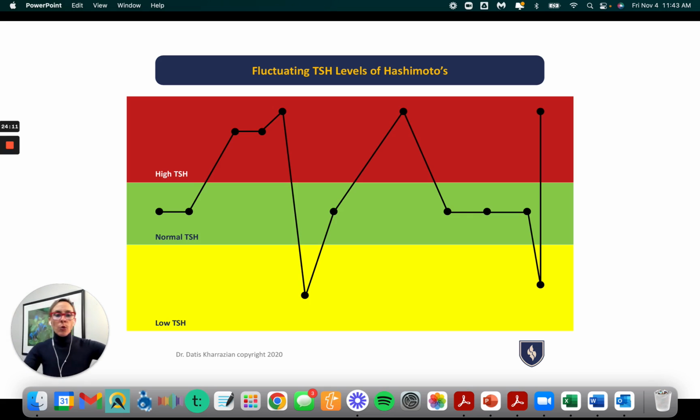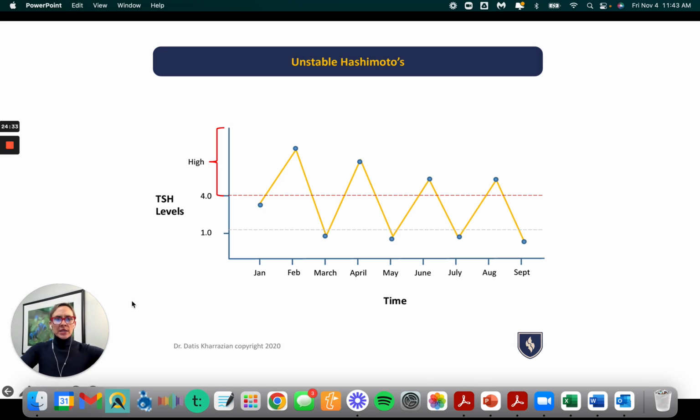So when you only get one test a year, what if we caught it here? What if we even did it every 6 months? We caught it here, here, and here. But we didn't catch these highs and lows. We would not know that you're having thyroid dysfunction. Again, even more important to check the whole thyroid hormone picture. So again, early on in diagnosing people with Hashimoto's, one of the first things that we do to support them is to help them find that stability of their TSH levels.